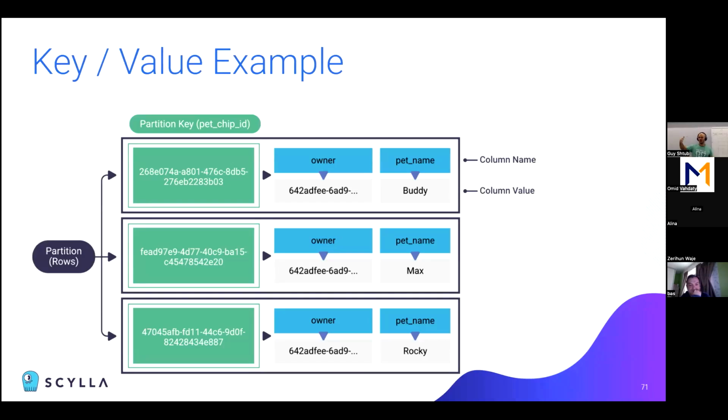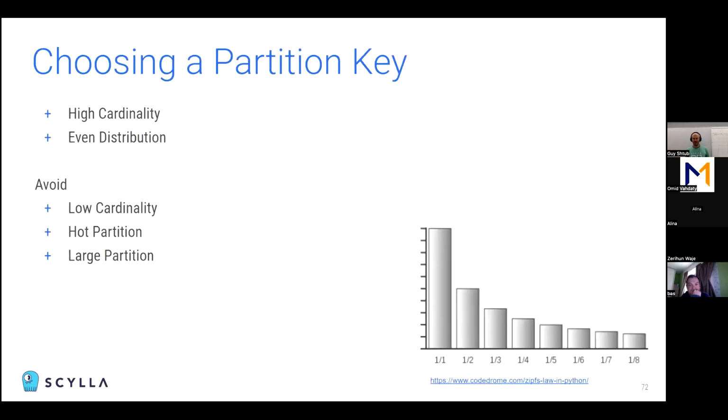In this case, owner and pet name. We have the partition key, which determines the partition, and we can query according to that. And we also have a clustering key, which basically determines the order of the data in the row, okay?